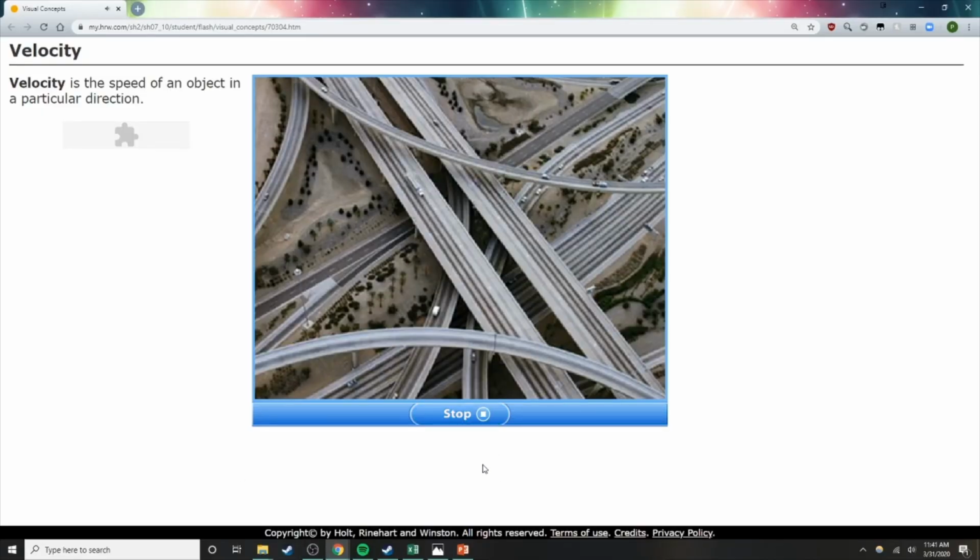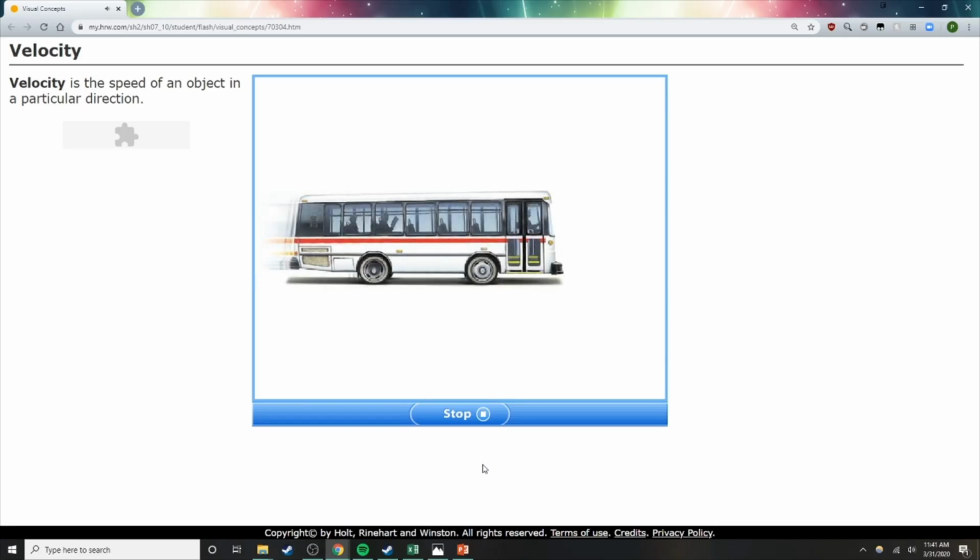The speeds of the cars shown here may be similar, but their velocities are different because they are moving in different directions. The speed and direction of an object is called its velocity. Velocity is constant only if the speed and direction of the object don't change. A passenger seated on a bus has the same velocity as the bus.